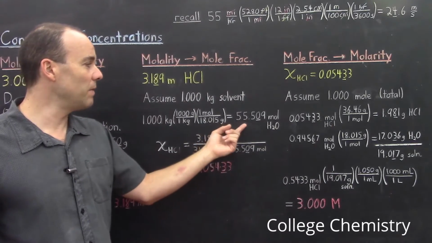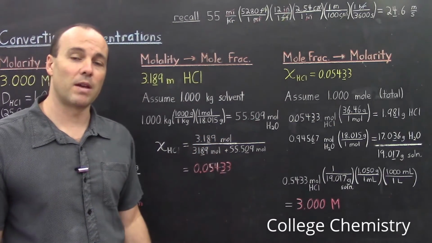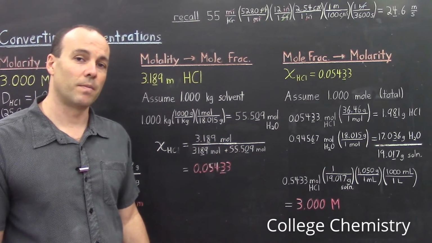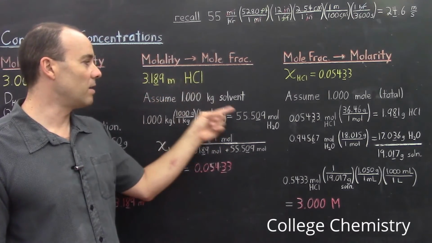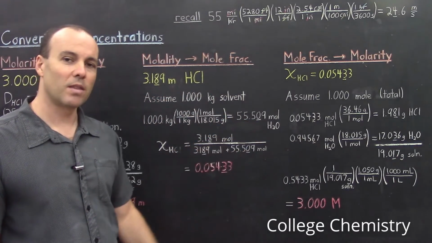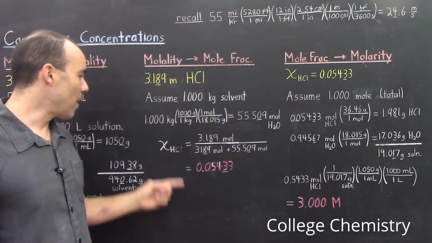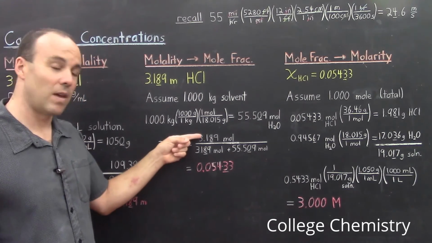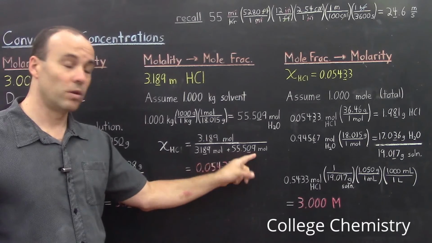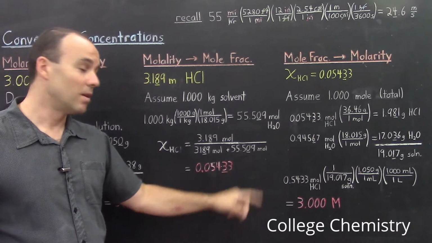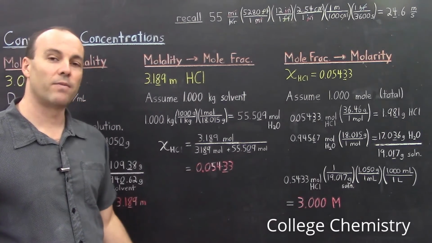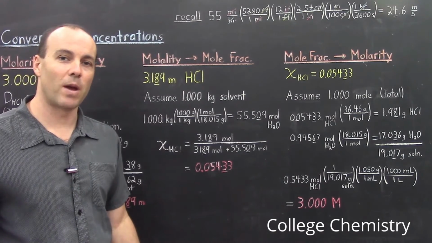And you end up with 55.509 moles of water. So we have moles of HCl and moles of water. We can get the mole fraction. The mole fraction of HCl is the moles of HCl over the total number of moles. And you end up with 0.05433 as the mole fraction of HCl.